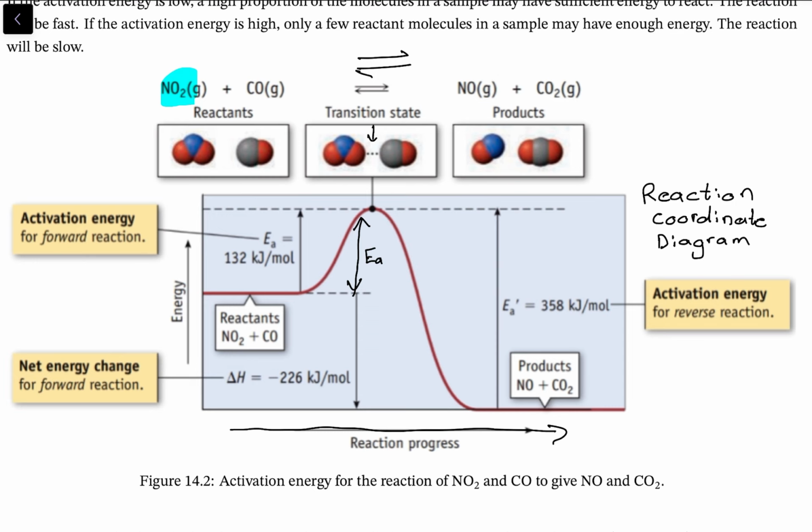So for the reverse reaction, the activation energy is much lower than it is for the forward reaction, because if these two products were to collide with one another again in the correct orientation, it needs a certain amount of energy, which is 358 kilojoule, then it would be able to form the reactants again. Okay, so that's what activation energy is. It's literally the barrier, or the amount of energy required to form the products of a reaction.